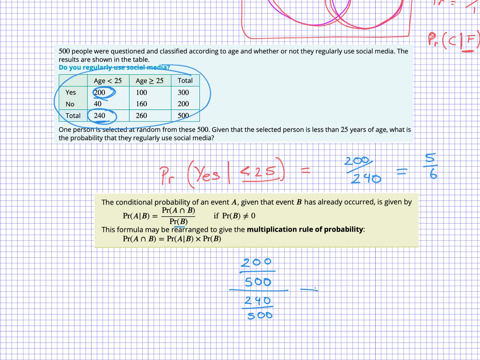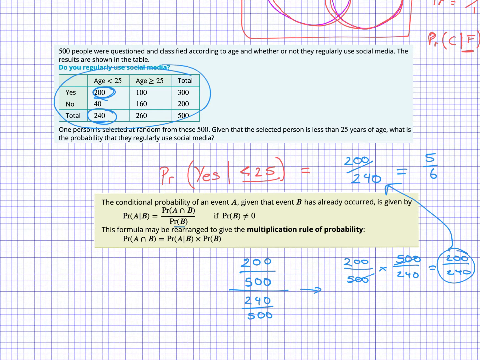If you remember how to divide by fractions, this turns into 200 out of 500 multiplied by 500 out of 240, and that simplifies to 200 out of 240, which is just what we had there.